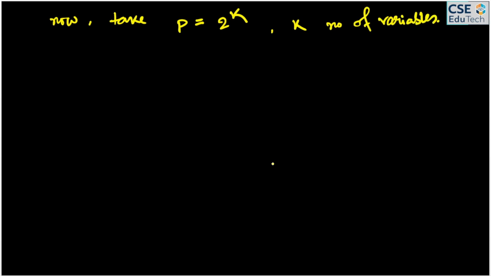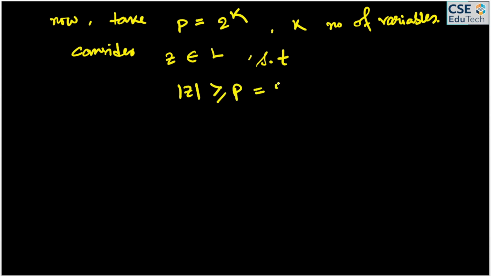Okay. So consider Z a string that belongs to this language L, such that the length of that string is greater than or equal to this pumping length, which is 2 to the power k. Right.